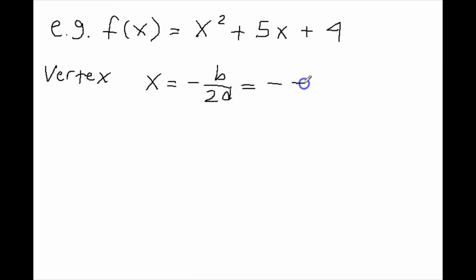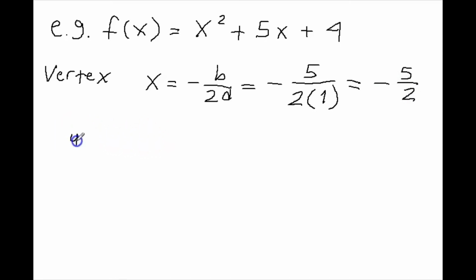What's b? a is the coefficient on x squared, that's 1 in this case. b is the coefficient on x, that's 5. The denominator is 2 times a, so that will be negative 5 over 2.